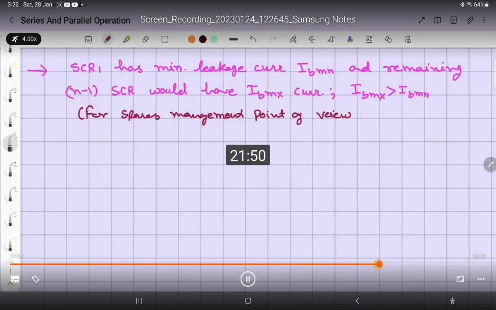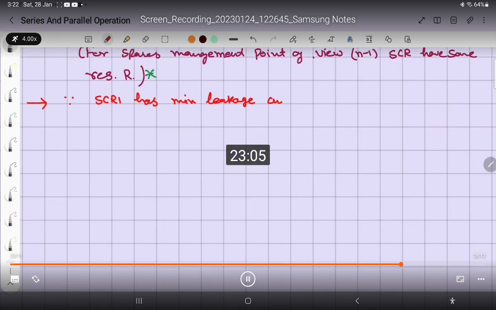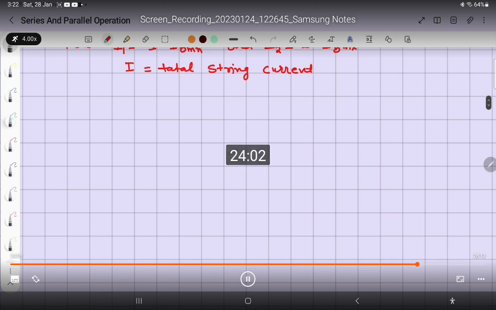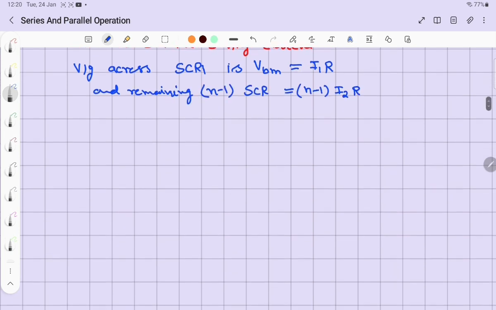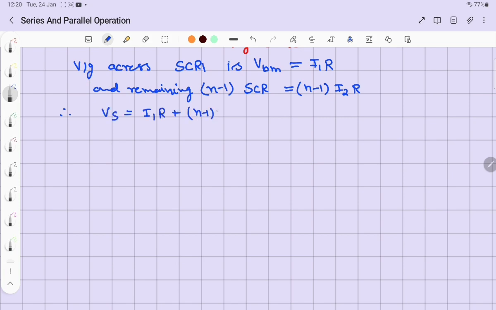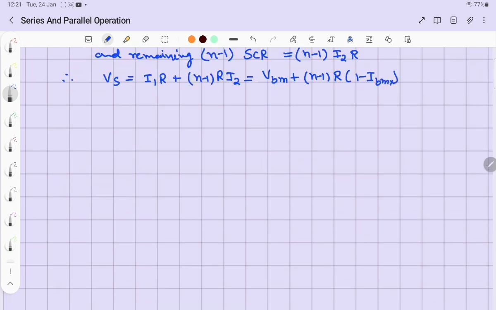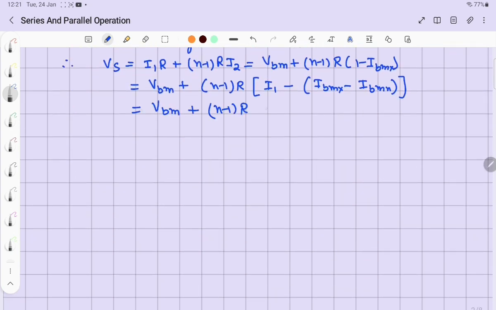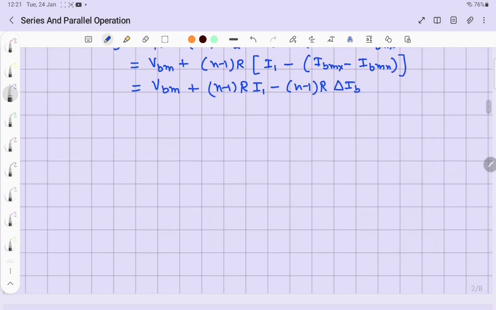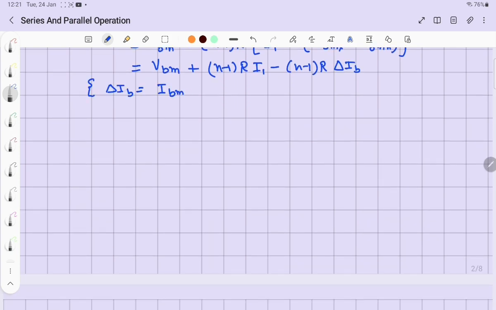So we can have voltage across SCR1 as VBM, which is equal to I1 into R, and the remaining N minus 1 SCRs would have N minus 1 times I2R, and the string voltage is Vs. So I1R plus N minus 1 times R I2 is the total voltage, which is equal to VBM plus N minus 1 into R times (I1 minus I2).